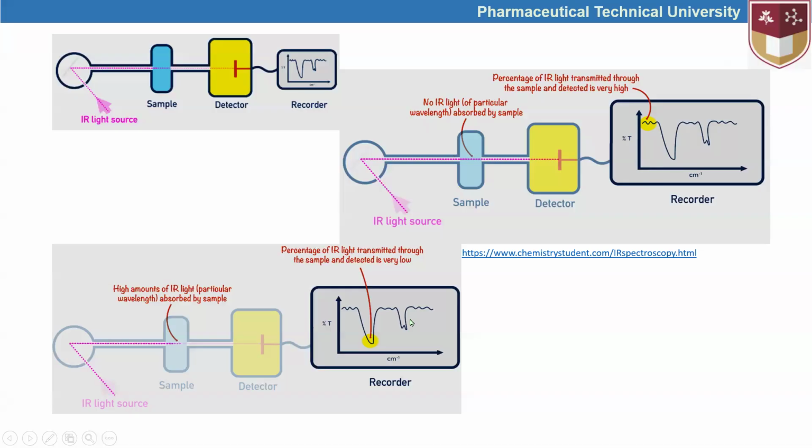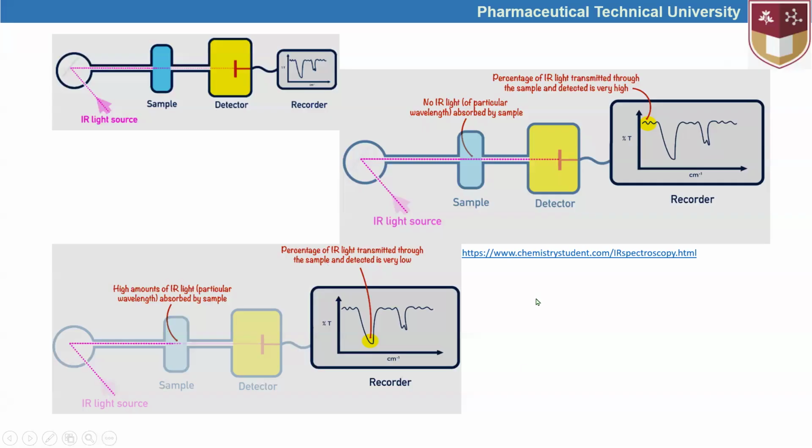If some light spectrum is absorbed as indicated here, then we might have this kind of absorbance. This is a high level of absorbance and a very low level of transmittance. The percentage of IR light transmitted through the sample and detected is very low. Low level of transmittance and high level of absorbance, low level of absorbance and high level of transmission.